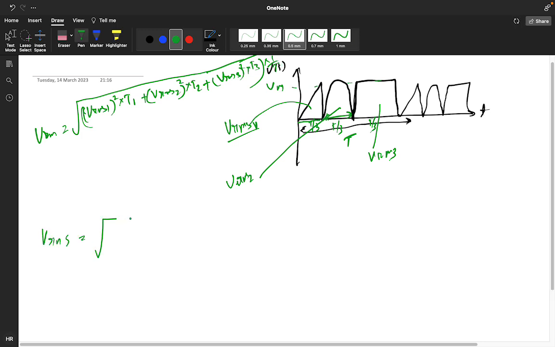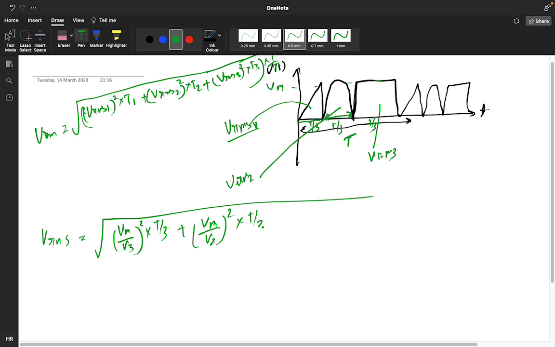Vrms is equal to root under Vrms 1, which is Vm by root 3, the whole square. Up to what time period is it coming? T by 3. Plus the signal Vrms 2, which is Vm by root 2, the whole square. Up to what time period is it coming? T by 3. And this is a square signal, so it is the same Vm only: Vm square into T by 3.